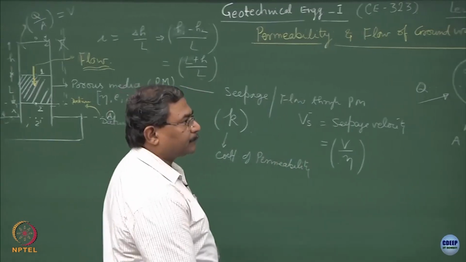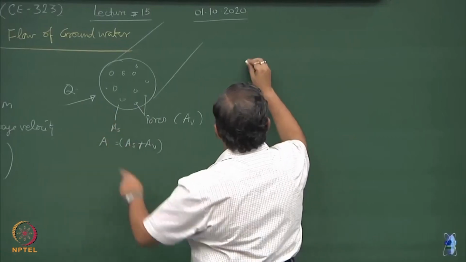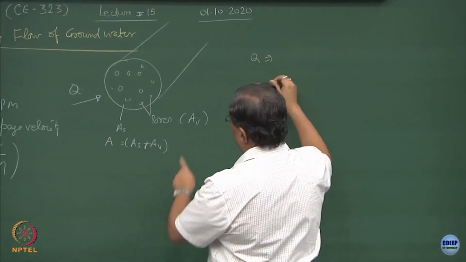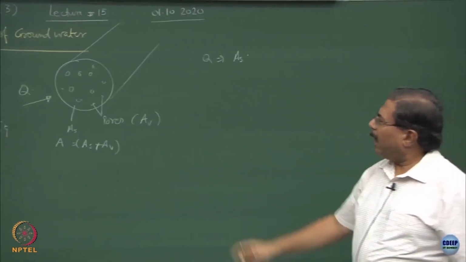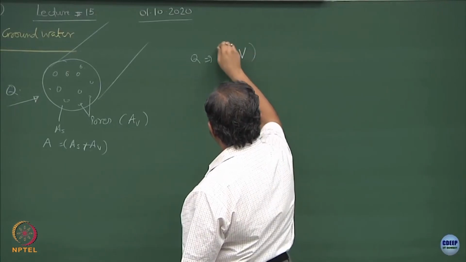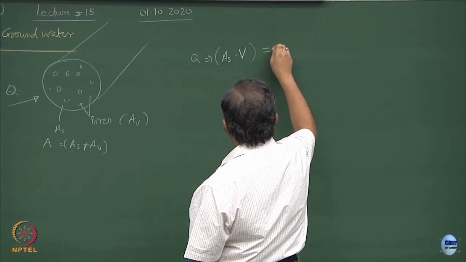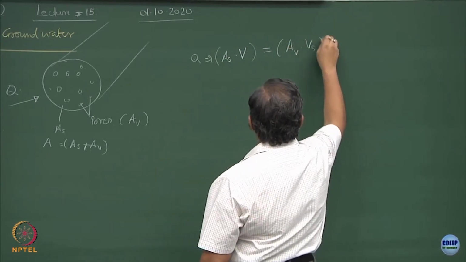Is this okay? So, if I say that Q is equal to AS multiplied by V, is this okay? And this will be equal to the area of pores multiplied by the seepage velocity.